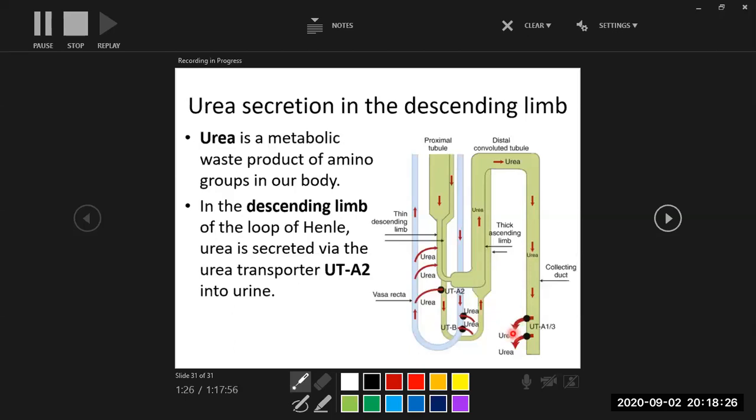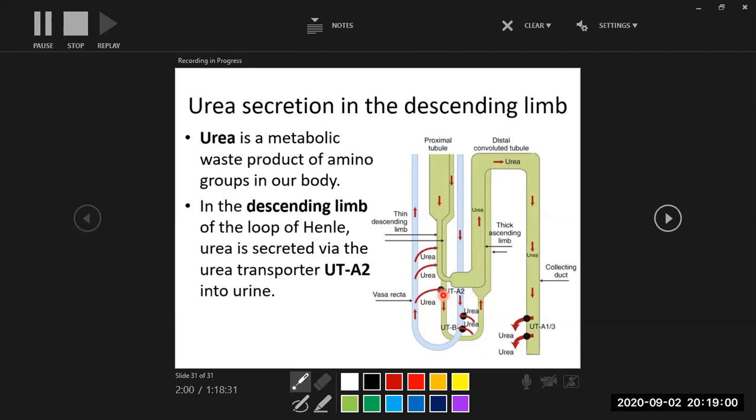This reabsorption is actually a mechanism to increase the osmolarity in the medulla. And to increase the osmolarity of the medulla, we use urea. And to get some urea, you need to have it in the urine. That's why we purposely secrete it into the descending limb.